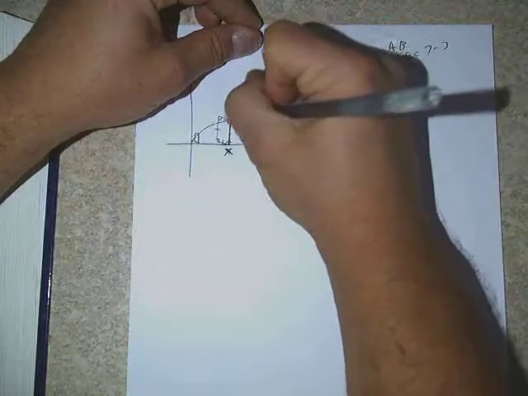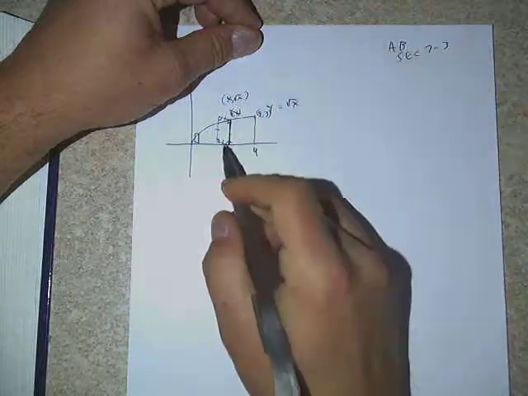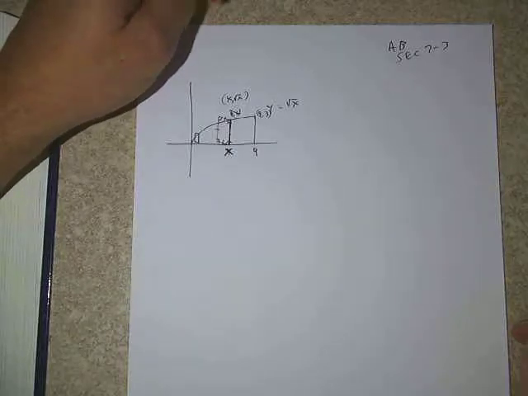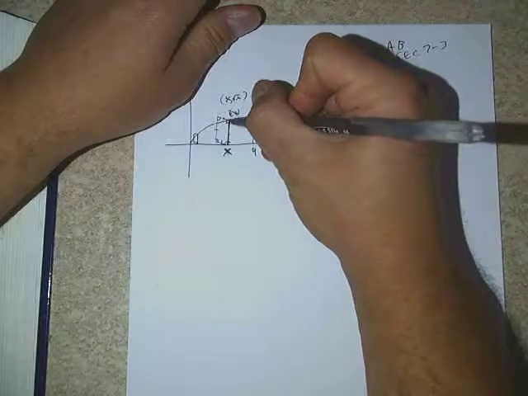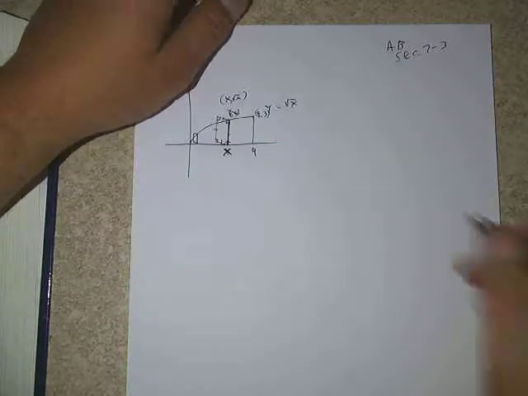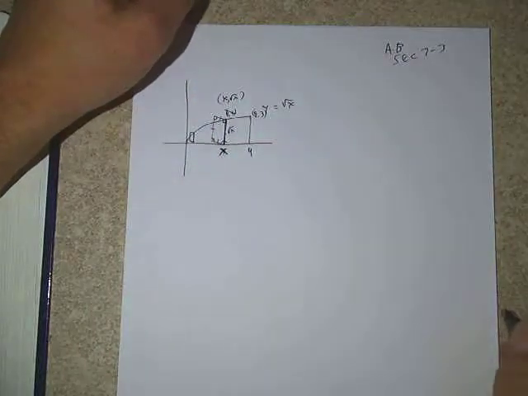True? And so what would this dimension be right here then? If I picked an x instead of 4, it would be radical x, wouldn't it? Wouldn't the y-coordinate be radical x? We plug in x. So that height right there, the side of the square that I have drawn here, is radical x.